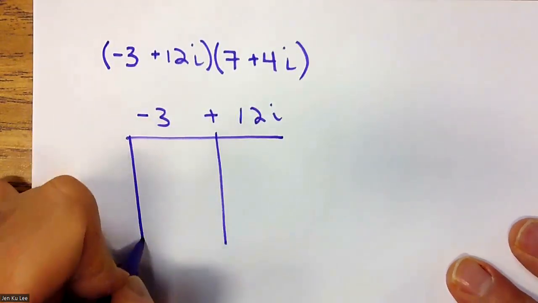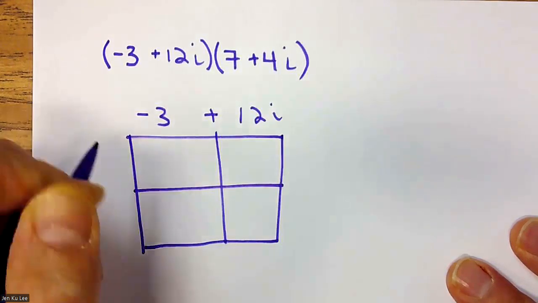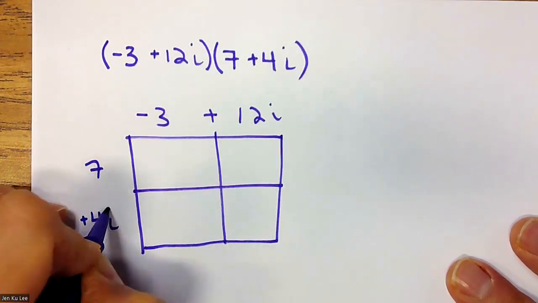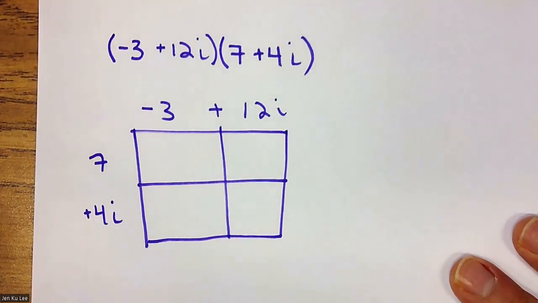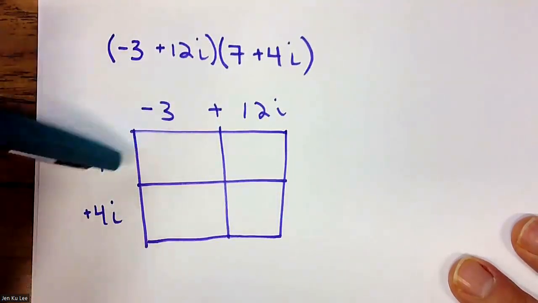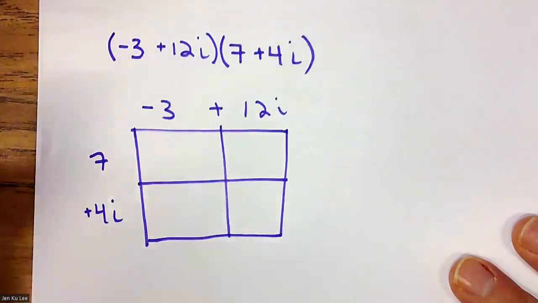And then down here we would have 7 and then plus 4i, right? Like that. So the box method, you just multiply the vertical with the horizontal.